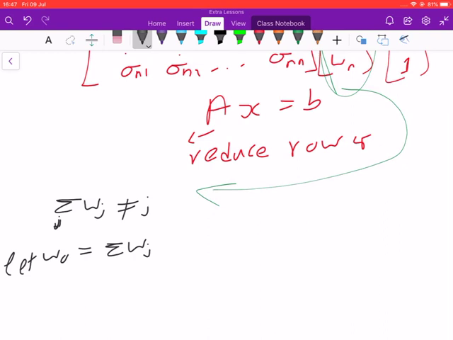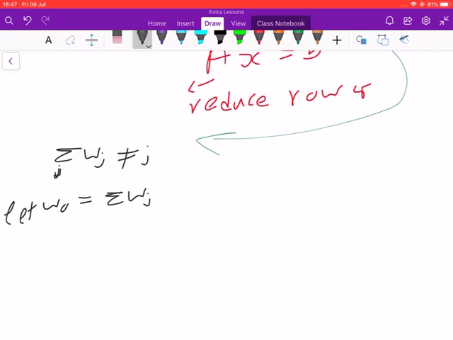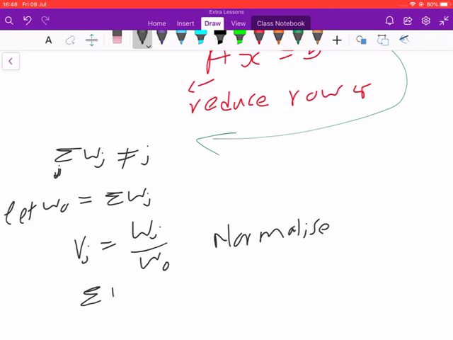And then the normalized weight v_j is going to be the weight you have found, w_j, over w0. So this will be a normalized weight, and the sum of all the v_j's is going to be equal to 1.